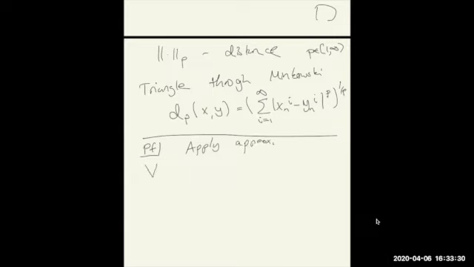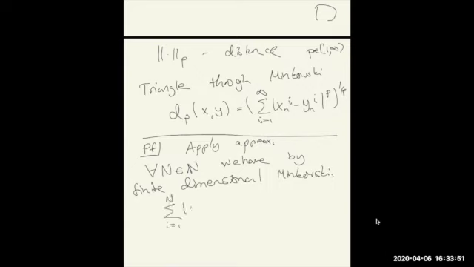As follows. So for all capital N natural numbers, we have, by the finite dimensional Minkowski inequality, that the sum from i equals 1 through capital N of |x_i - z_i| to the p, to the 1 over p, is at most the sum from i equals 1 to N of |x_i - y_i| to the power p, to the 1 over p, plus the sum from i equals 1 through N of |y_i - z_i| to the power p, to the 1 over p.